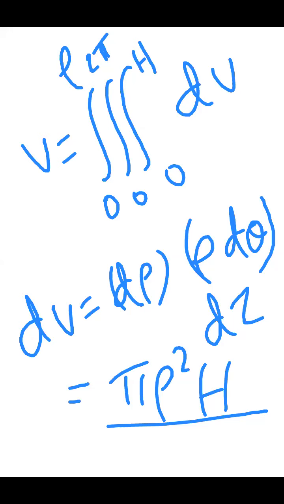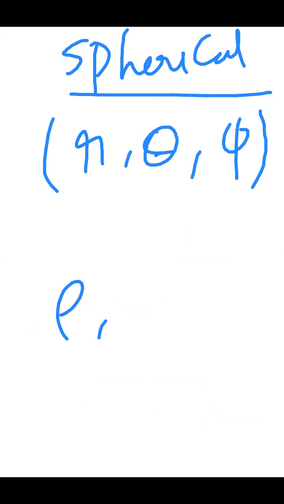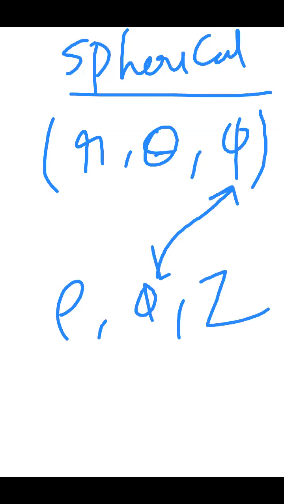Next one is the spherical coordinate system. In a spherical coordinate system, we will use a notation like this: r, theta, phi. In a cylinder, what did we use? Rho. Please remember one thing: whatever notation or procedure we used in the cylindrical coordinate system, the same is applicable in the spherical coordinate system.